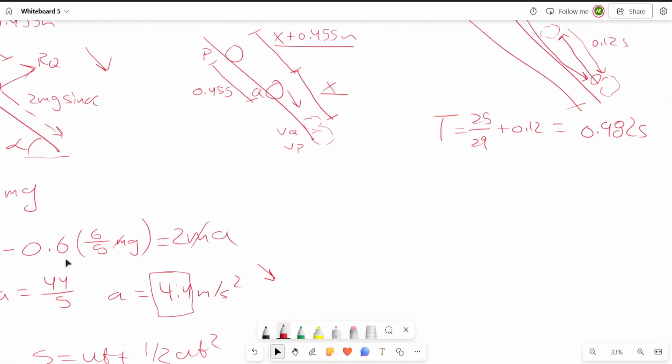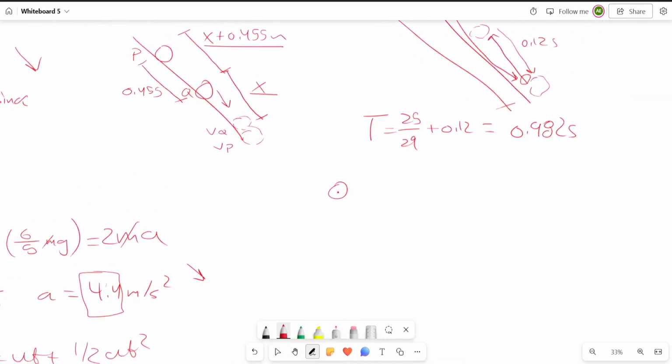For Q, it took 0.12 seconds to collide with P. So my time is 0.12 seconds. My U was 0. My acceleration was 4.4 meters per second squared. And I want V. So I can use the equation without an S in it, which is V equals U plus AT.